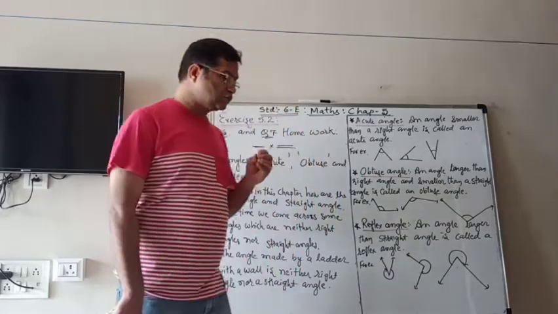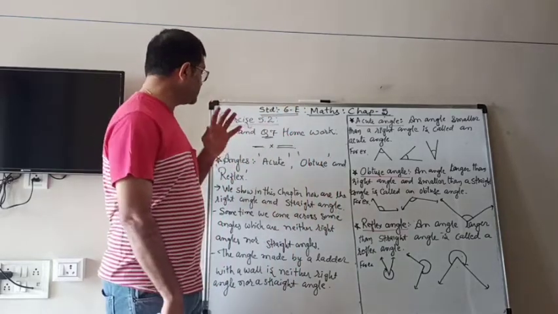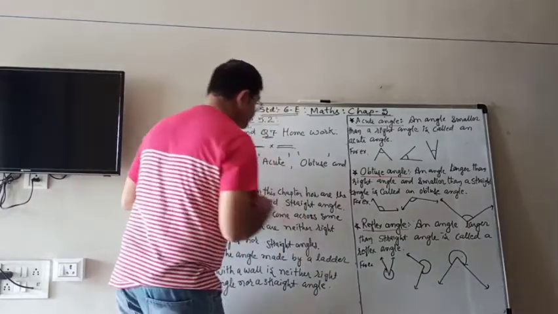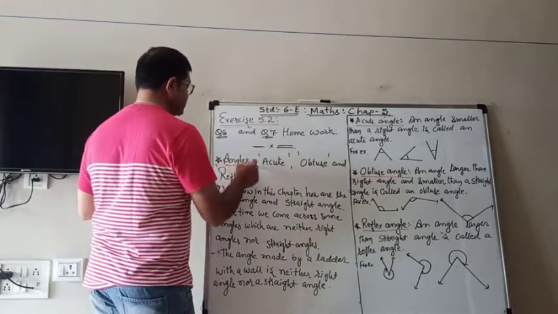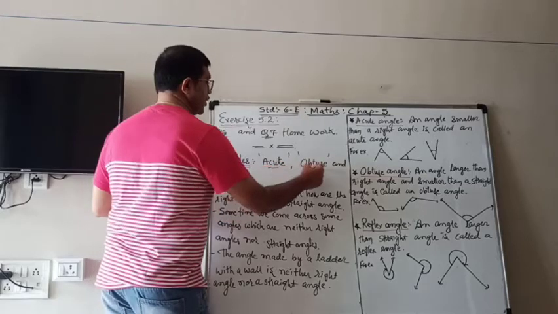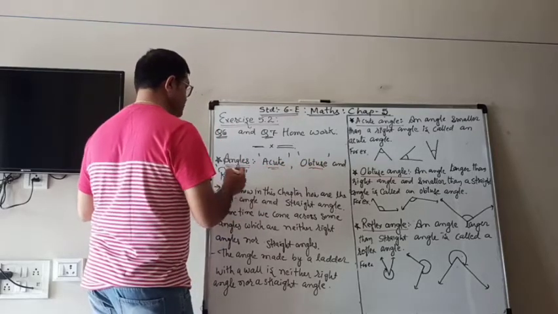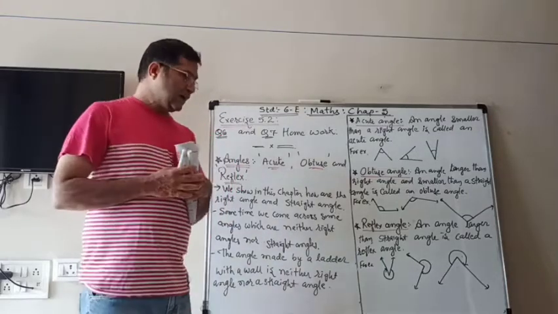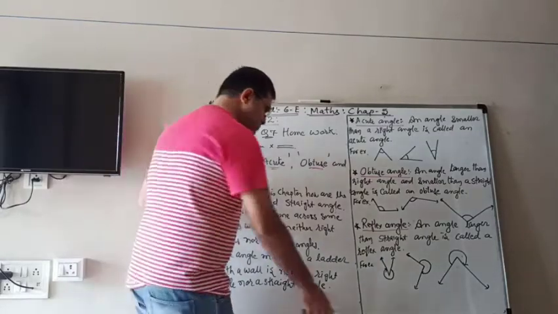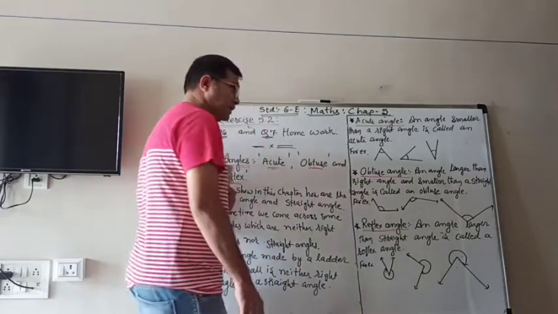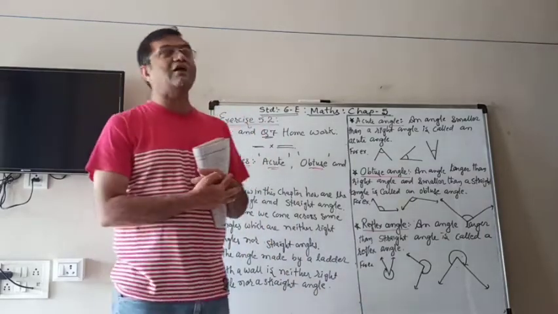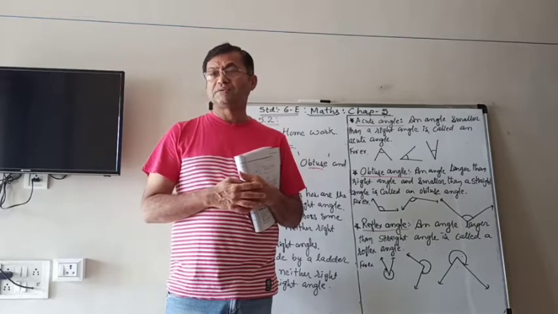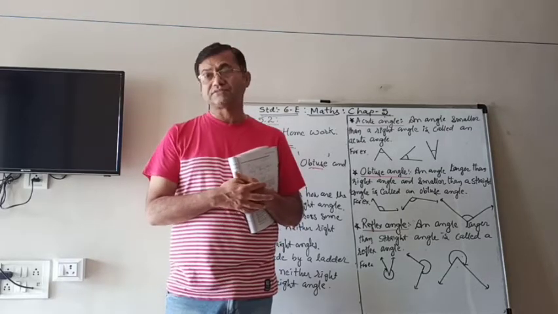Now we have to learn about the other types of angles, that are the acute angles, obtuse angles and reflex angle. Because sometimes in our daily life, everywhere, you come across some angles.